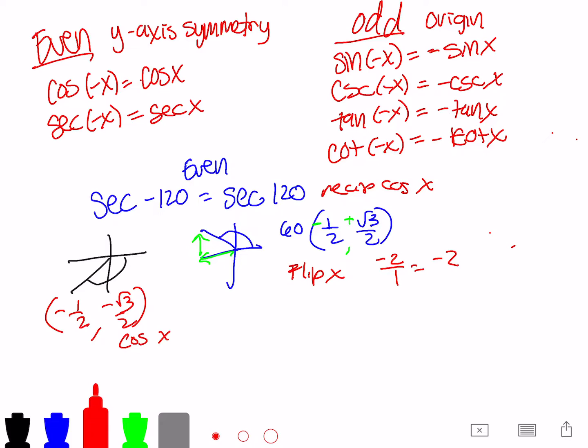Cosine is the x value, so you want to flip the x value, which is negative 2 over 1, which is negative 2. So both of them end up being the same because your x values in both of these quadrants are the same. They both go a negative direction. Okay, that's where it comes from. So we're just using the even and odd identity to get to another equivalent expression for it.